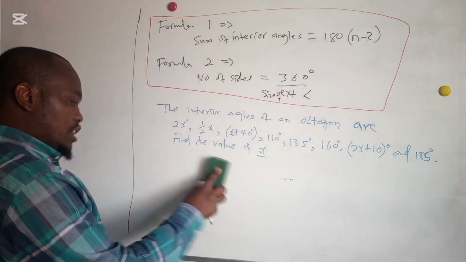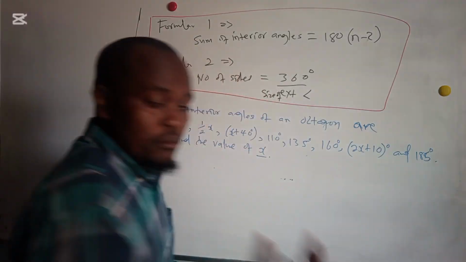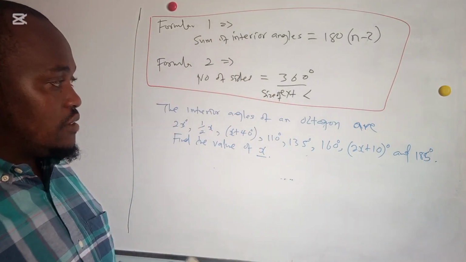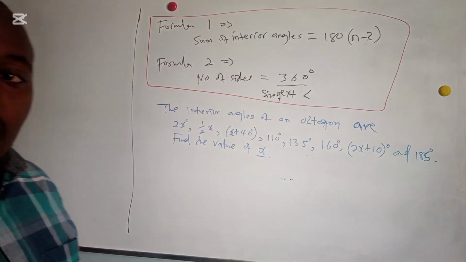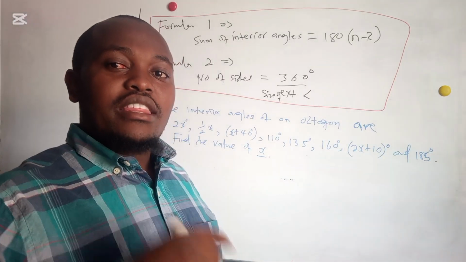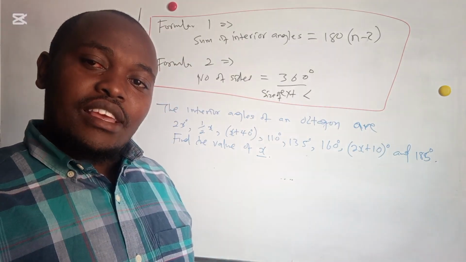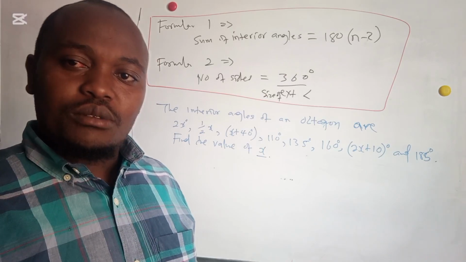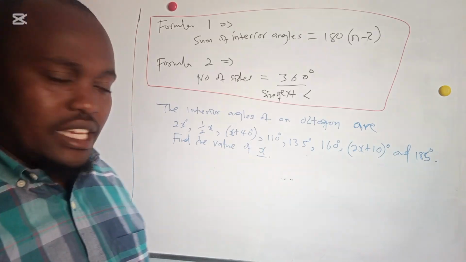Regardless of the shape, whether it is regular or not, the sum of interior angles remains guided by the number of sides. Let me say that again. The sum of interior angles is guided by the number of sides.